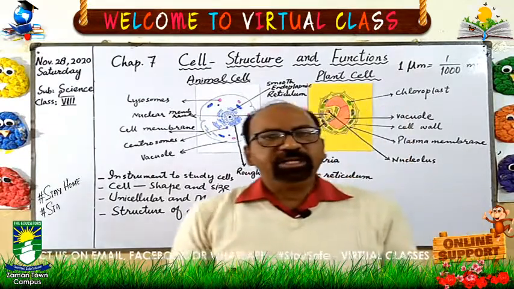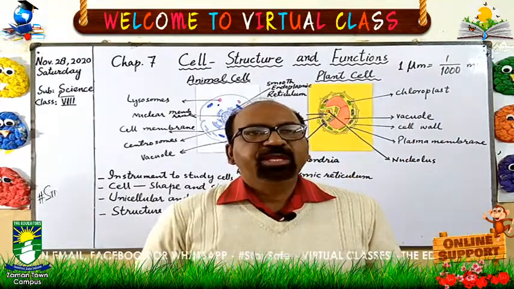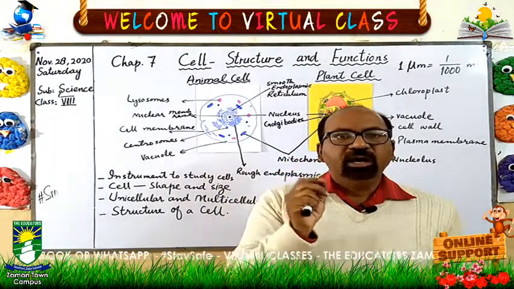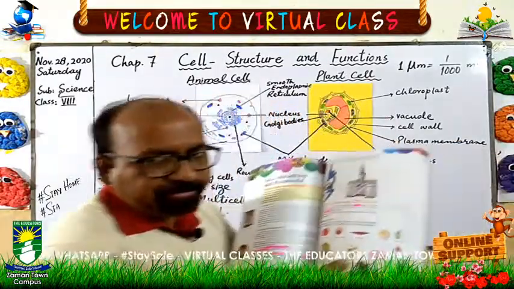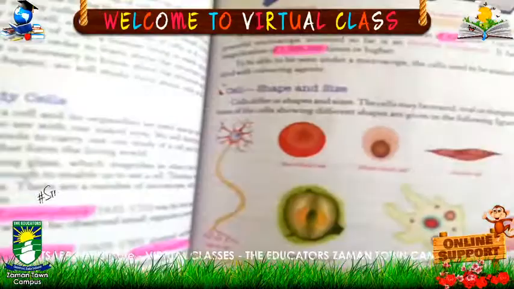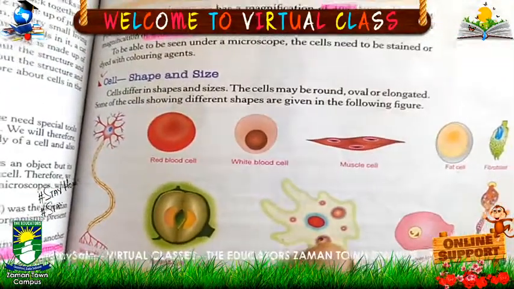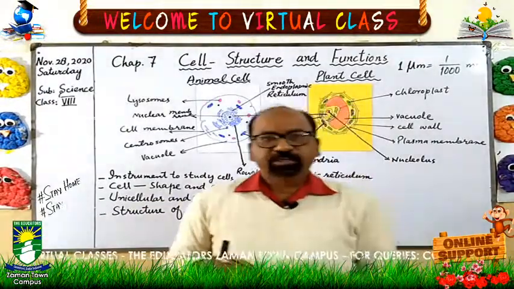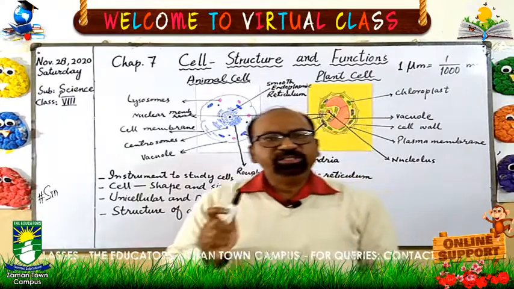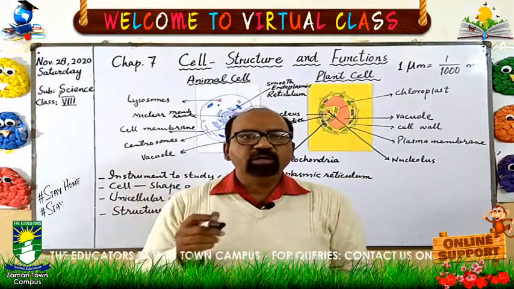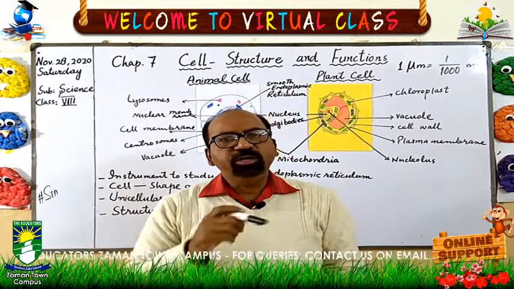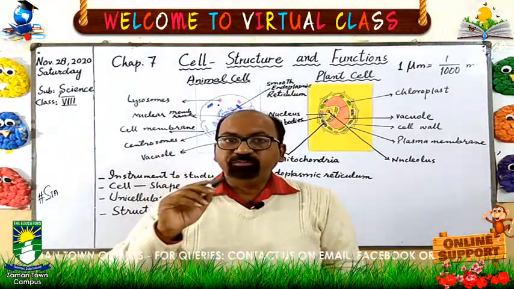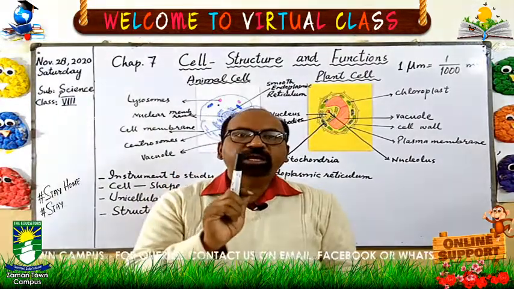As I was saying, amoeba is a complete living organism. This one is amoeba, and it is a single cell. The organisms which are made up of a single cell are called unicellular organisms. Uni means one, organism means living thing, means the organism which is composed of only one single cell.